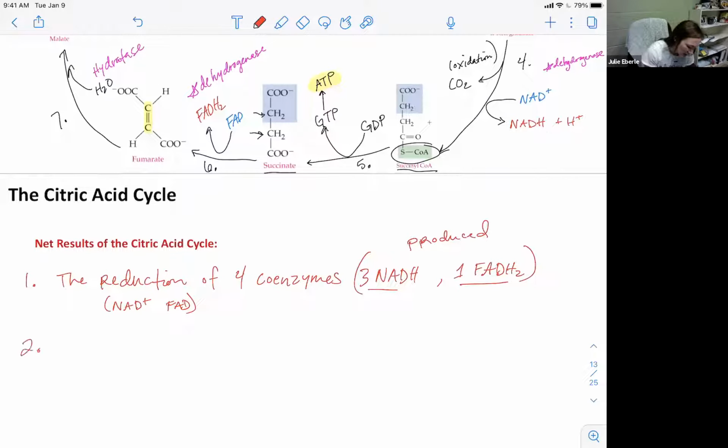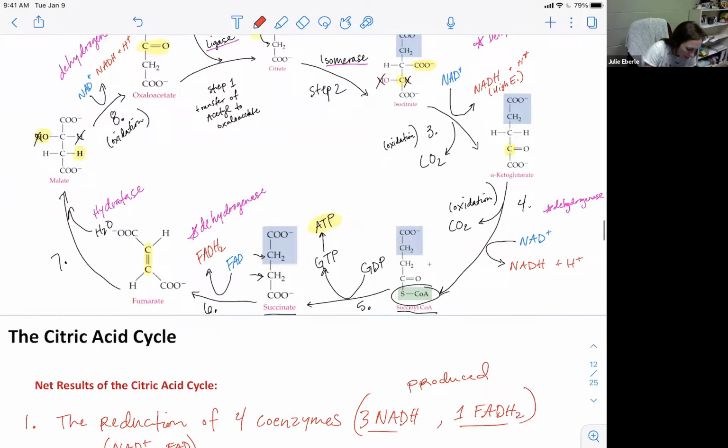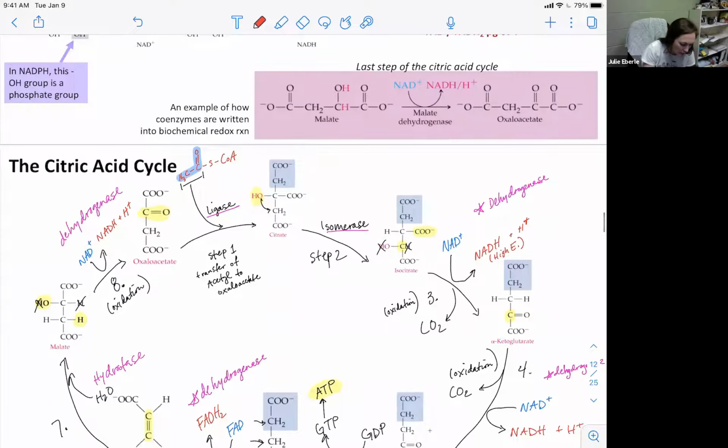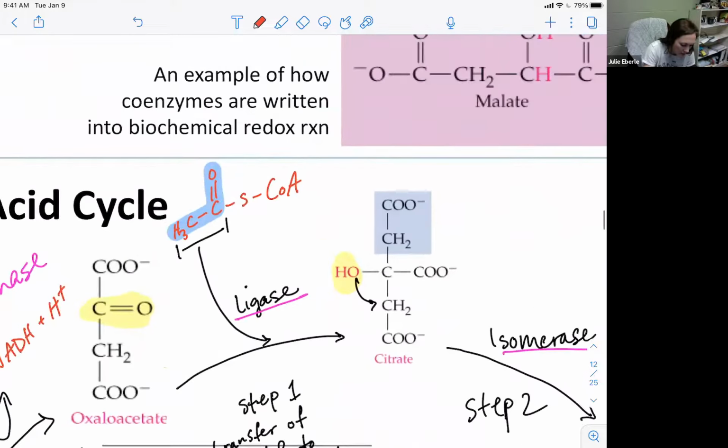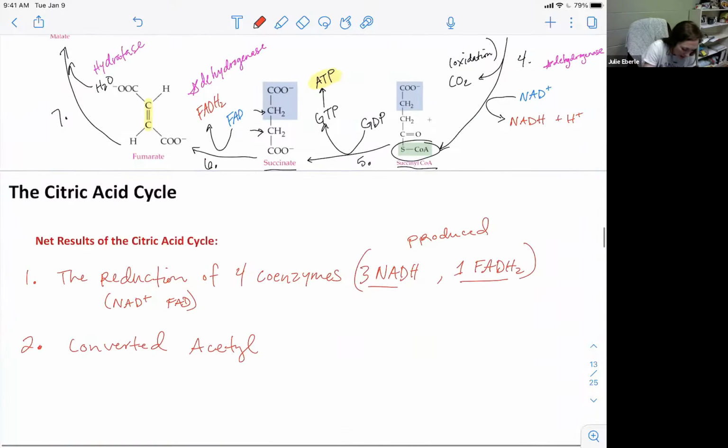Okay, the second thing that's important, one of the net results of the citric acid cycle, is we have converted the acetyl group. You guys remember this acetyl group up here that I highlighted in blue, our very first starting material from this CoA enzyme? Ultimately, those two carbons are converted or lost as CO2.